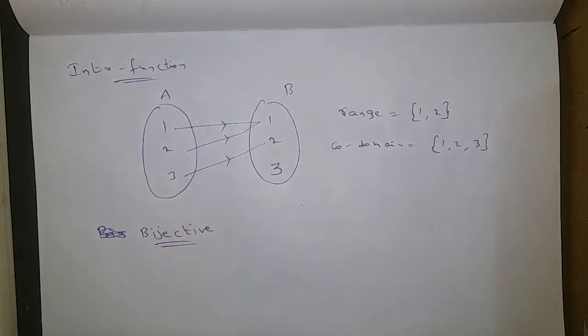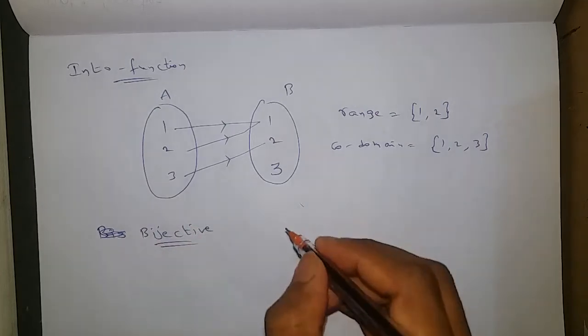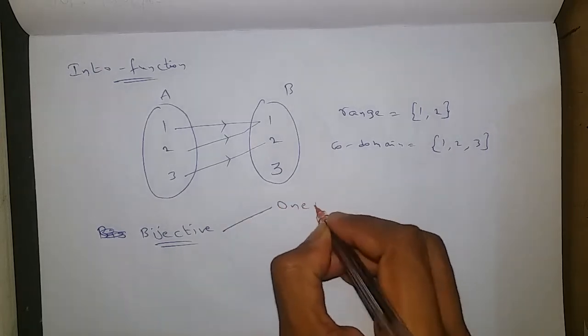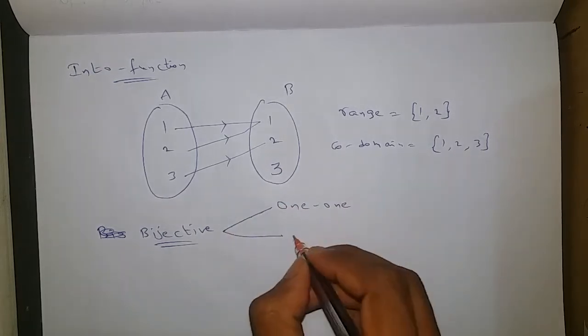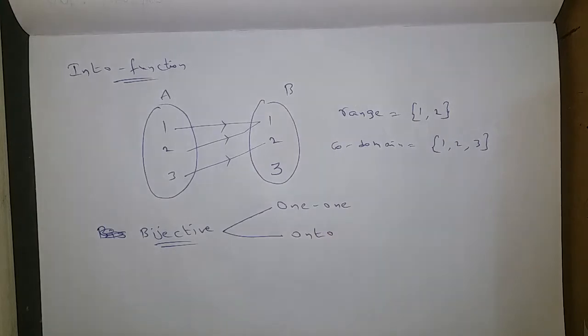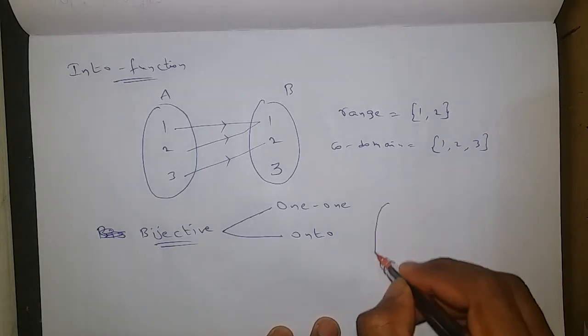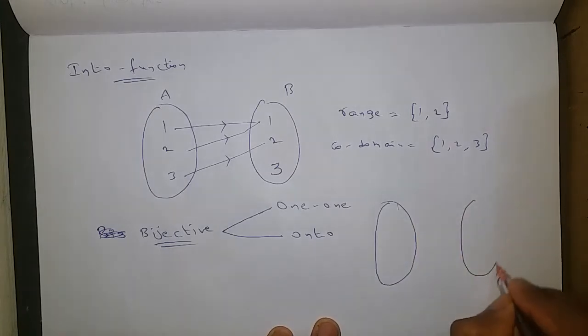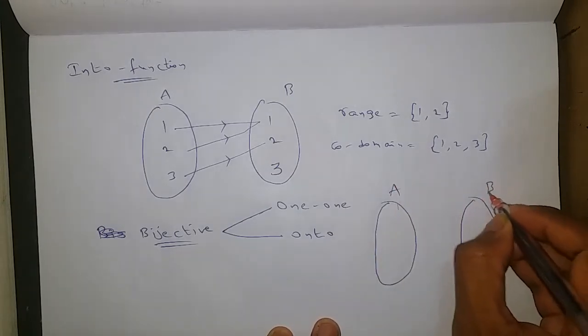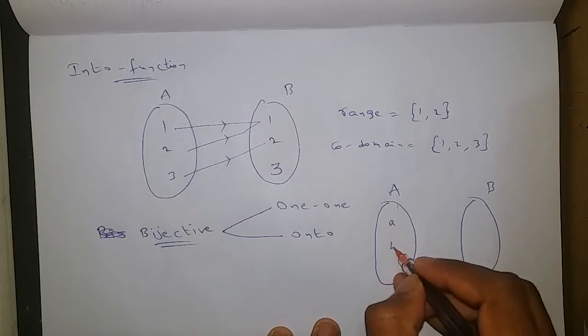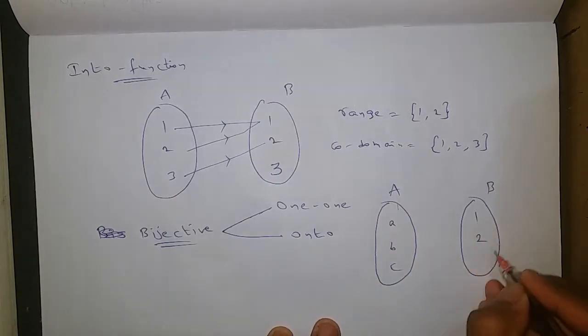Bijective function. A function is said to be bijective if it is 1 function as well as onto function. If a function is 1 function as well as onto function, then that type of function is said to be bijective function. Let us check once. I have set A and set B. In the set A we have A, B, C elements, and in the set B we have 1, 2, 3 elements.